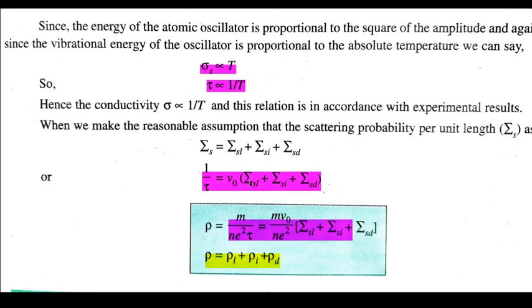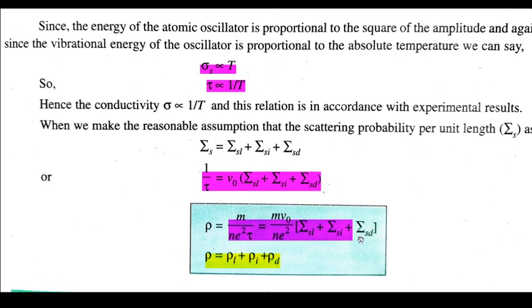So when you correlate sigma s with tau, it ultimately gives v0 times the scattering probability per unit length, and therefore rho becomes m upon n e square tau, and this 1 over tau is replaced from the above relation.